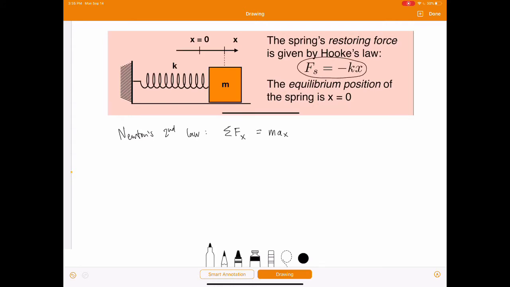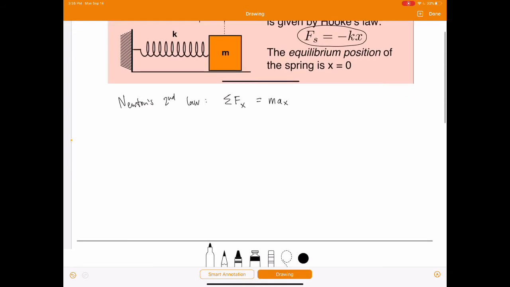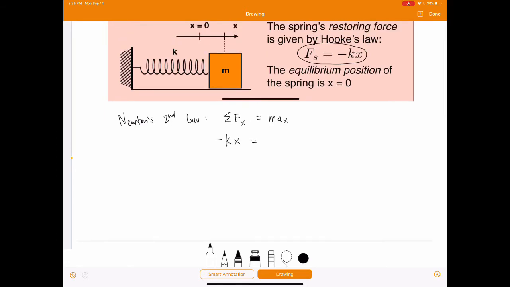So there's only going to be one force acting on the block. That's the one exerted by the spring, which is equal to minus kx. Now, on the other side of the equation, we have mass times the acceleration in the x direction. You should remember that acceleration is the second derivative of position with respect to time. So I can write this as d squared x dt squared.